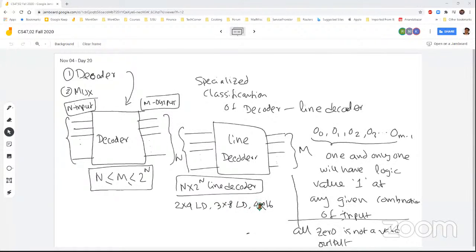Of course, you can build, for example, a 3 by 6 line decoder. It's possible to build that.